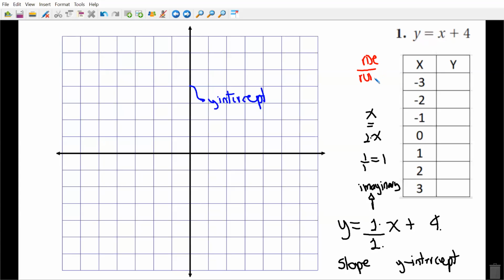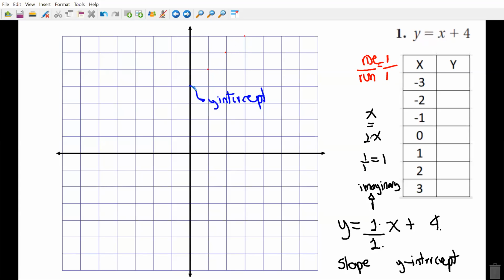How much is the rise? 1. And the run? 1. So rise 1, run 1.